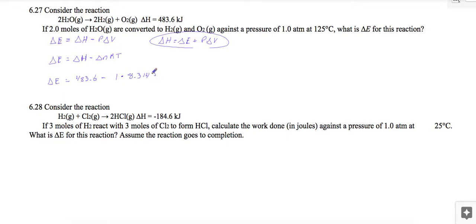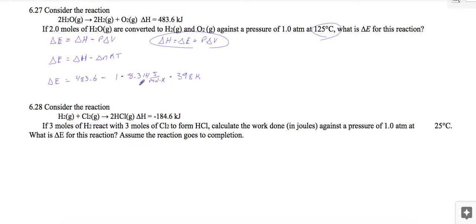I'll come back to this again to talk about it in a second and remind you why we're using this one, times 4.8 times 10 to the 5th. Oops, what am I doing? 398 Kelvin, 125 degrees Celsius, 398.